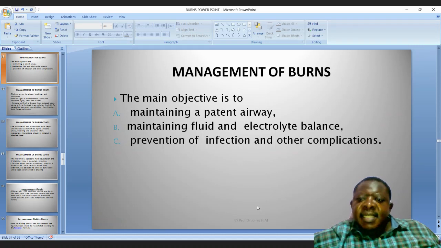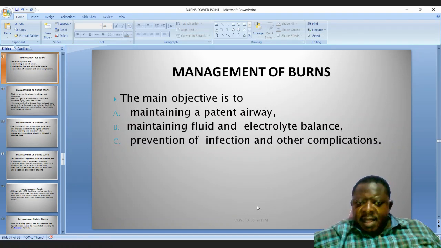So you need to maintain a strict fluid intake and output balance to rule out kidney failure and also prevent shock. Prevention of infection is because of compromised skin integrity, the patient is at risk of wound infections, and burns themselves bring about complications in different systems of our body.